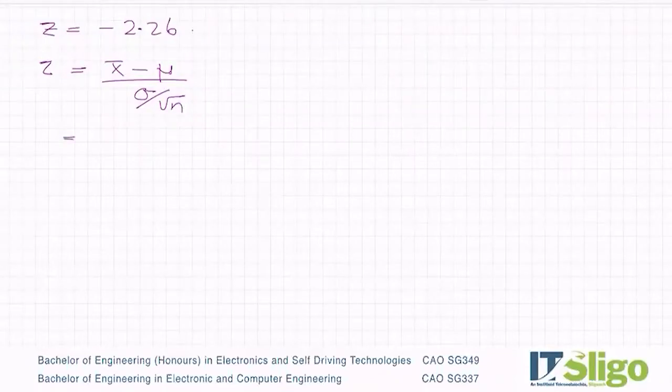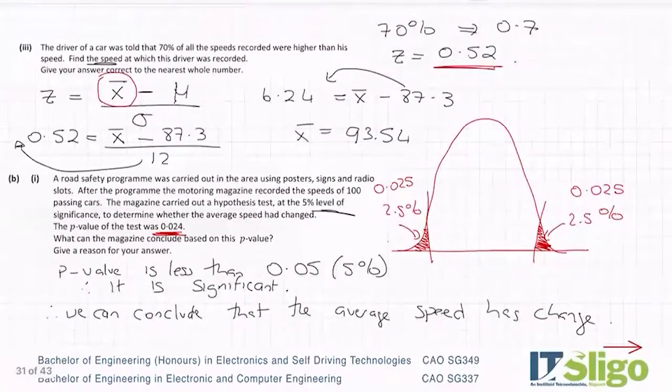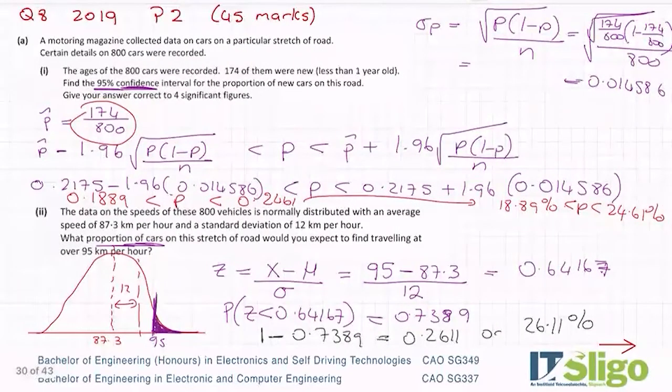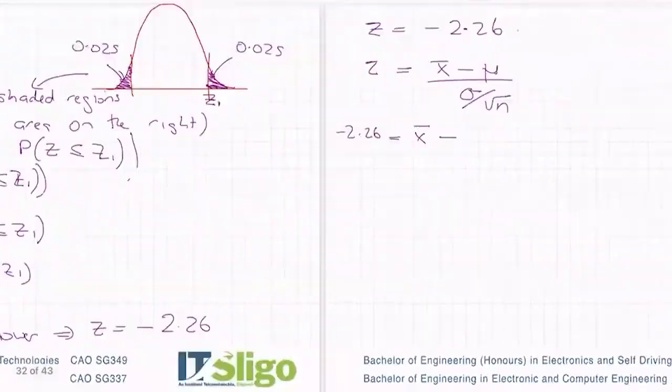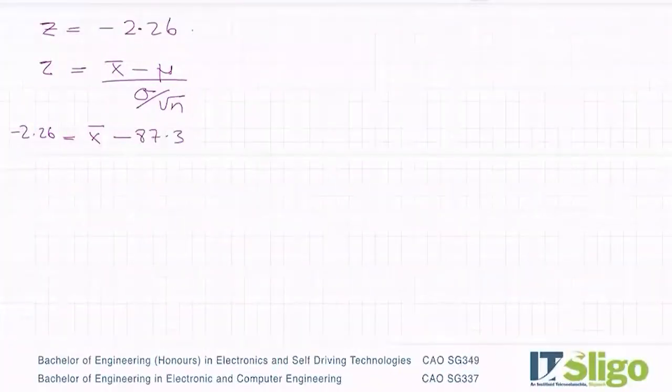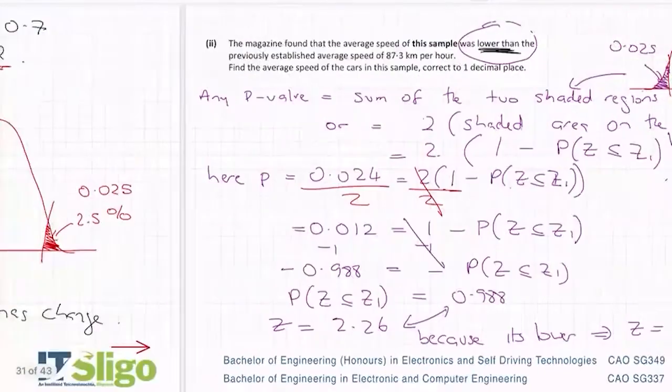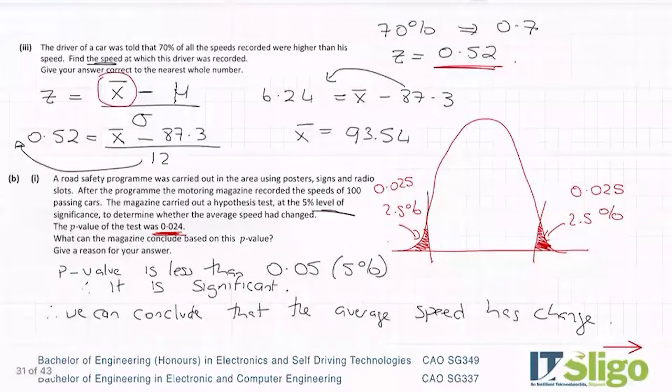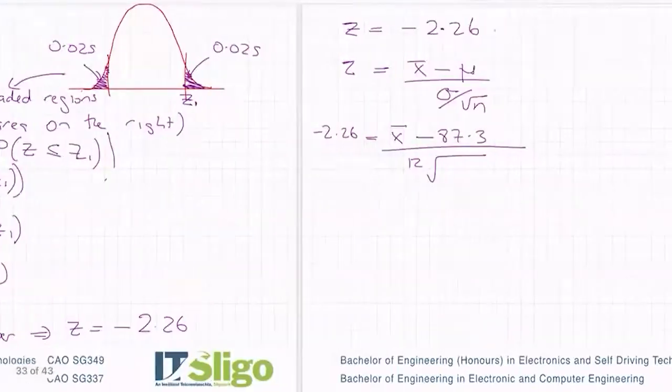So therefore my minus 2.26 is equal to X bar minus, what was our mean? Oh geez, we have to go well back. 87.3 over, and what was the sample size? 100 cars.